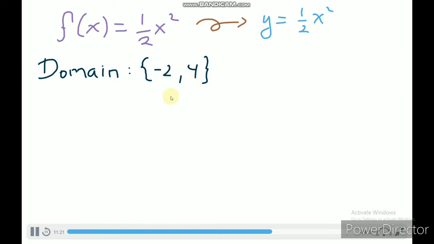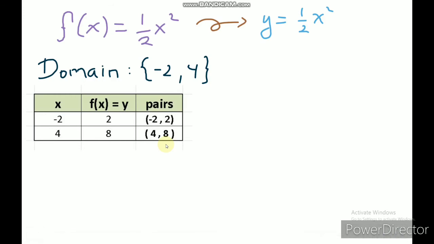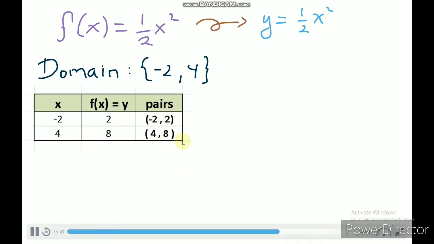Therefore, if I put these 2 values into the function machine, let's see the table, the y for the first x will be 2, and for the second x will be 8. So I have 2 pairs or 2 solutions, which is (-2, 2) and (4, 8), that can satisfy the equation in the specified domain.